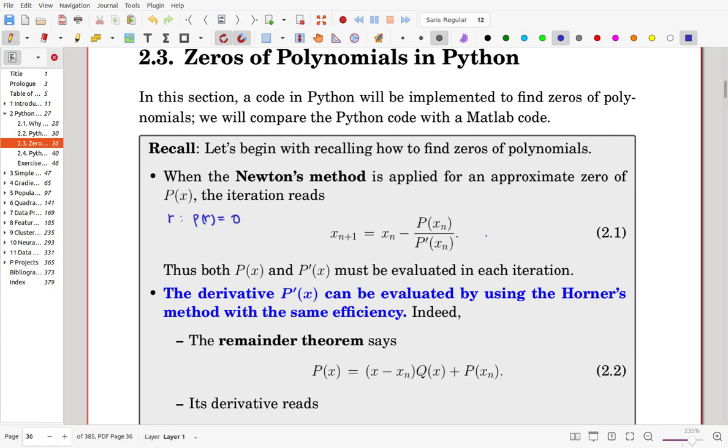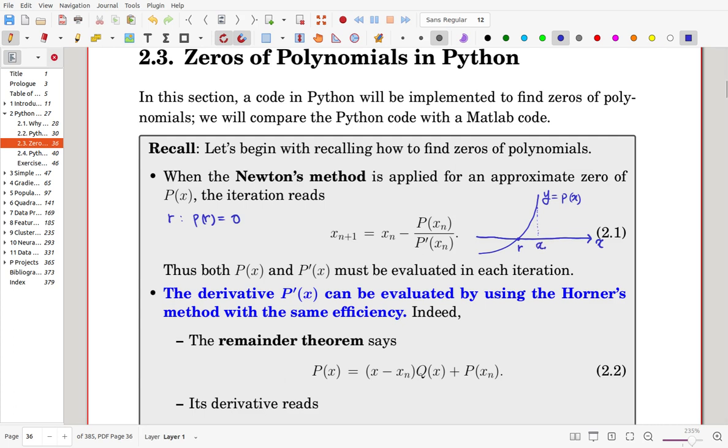That formula can be interpreted geometrically in this way. There is the x-axis, and there is the y-axis, with the curve y equals P(x). Then r is the point which we have to find. Now assume xn is here.